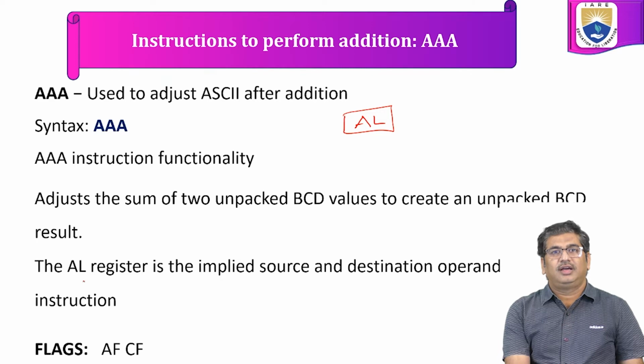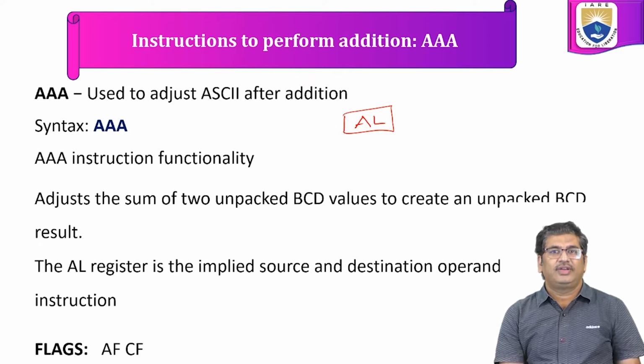In this instruction, the AL register is called the implied source and destination operand. After the conversion, the result again we can see in the AL register. It is an implicit operand. The flags which will be affected for the AAA instruction are the auxiliary flag and the carry flag.